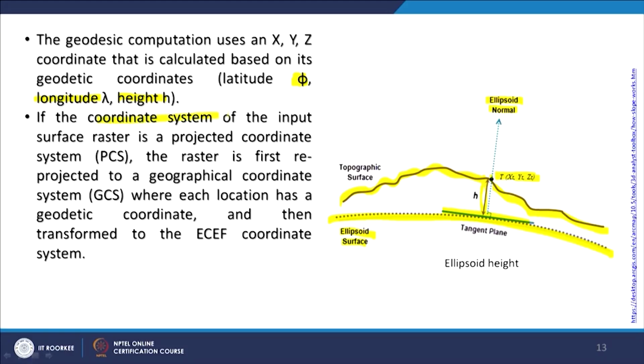If the coordinate system of the input surface raster is a projected coordinate system, the raster is first reprojected to a geographic coordinate system, that is GCS, where each location has a geodetic coordinate, and then transformed to the ECEF coordinate. A lot of calculations will be required to get a slope map through this geodetic computation. So, if you choose this, even on a small file it may take some time and may require some extra inputs.